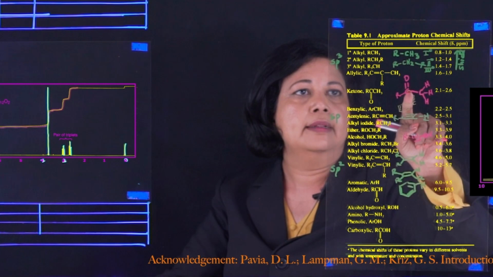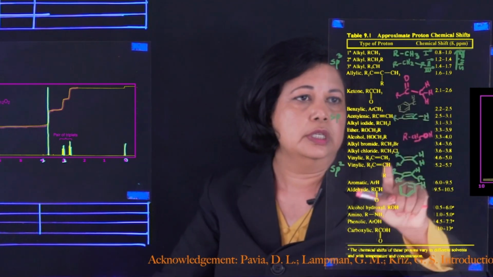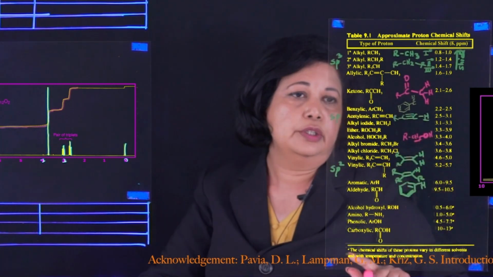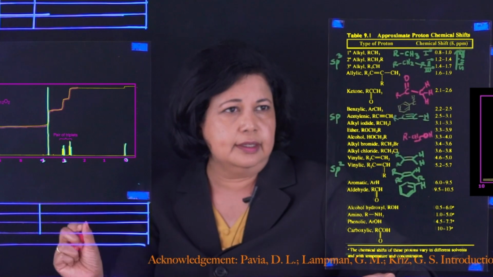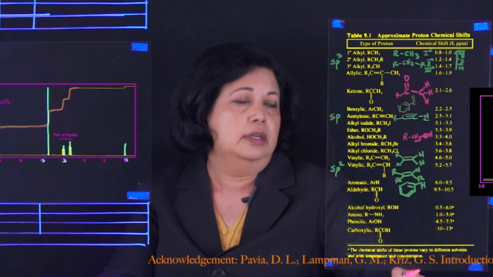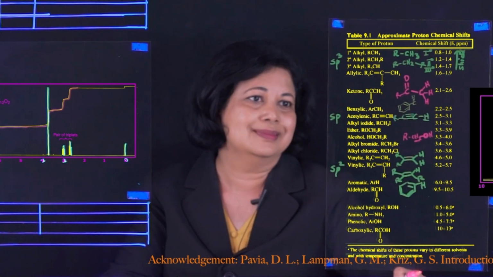The carbonyl has 2 carbons, in fact, in between the hydrogen and the oxygen. Here, there's only 1 carbon between the oxygen and the hydrogen. So therefore, when you're directly connected to the oxygen, you're going a lot higher in terms of ppm, almost more than a delta higher.